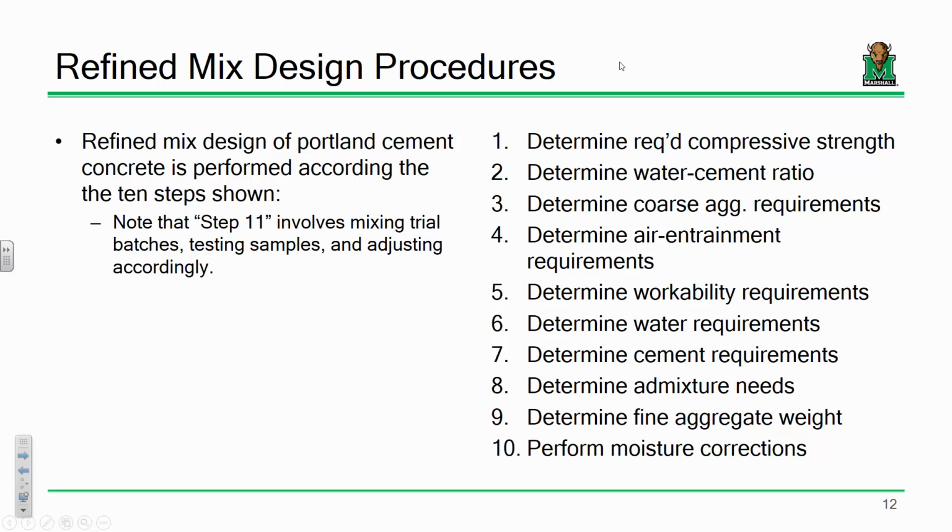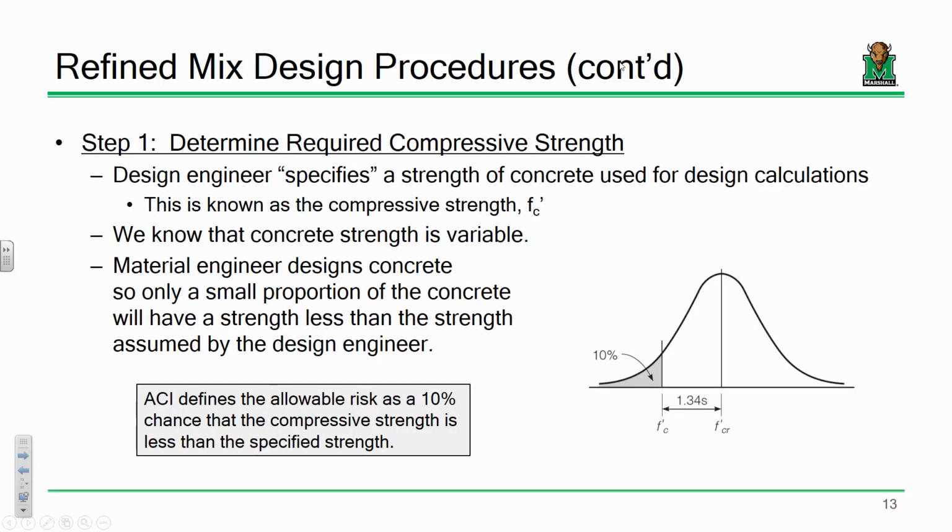Then, using those proportions, we will back calculate how much fine aggregate we need to attain 1 cubic yard, and then perform moisture corrections at the end. That's the long and short of our procedure. So let's get into it. As we talked about last time, step 1 is to determine our required compressive strength.